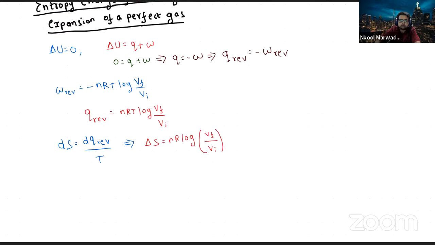So this is the change in entropy for an isothermal expansion of an ideal gas.